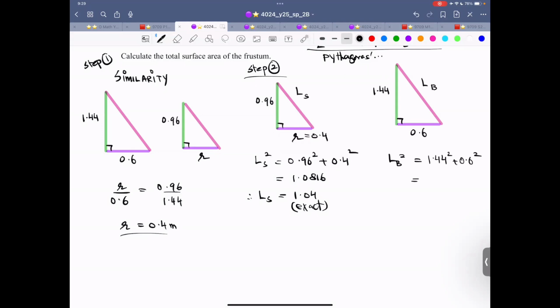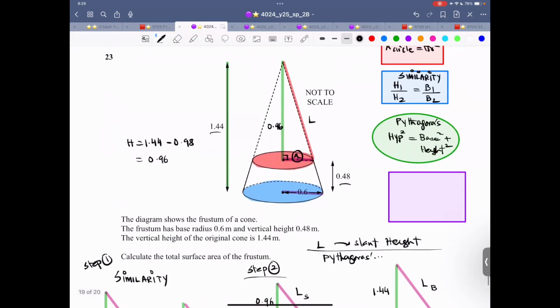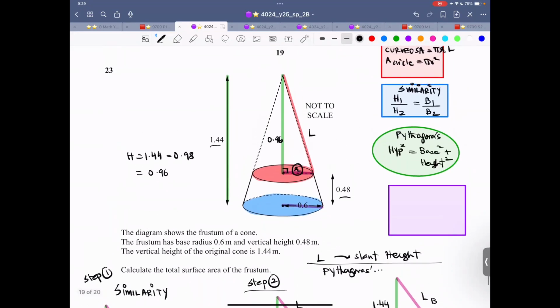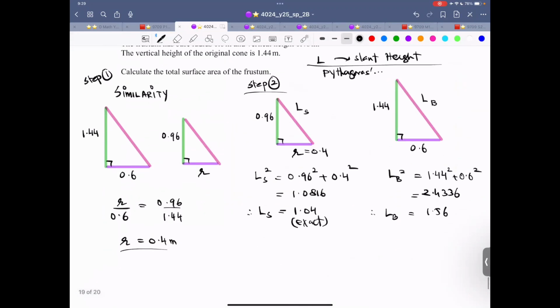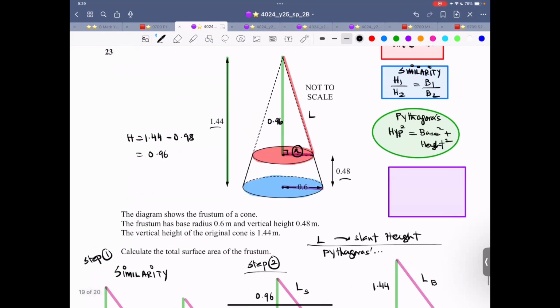That is coming out to be 1.56 squared. This is coming out to be 2.4336. Again, that's exact. So therefore, L big is coming out to be 1.56. And what are the units? The units are meters. So this is meter, this is meter, this is meter, this is also exact. This thing is done. That's the second thing.